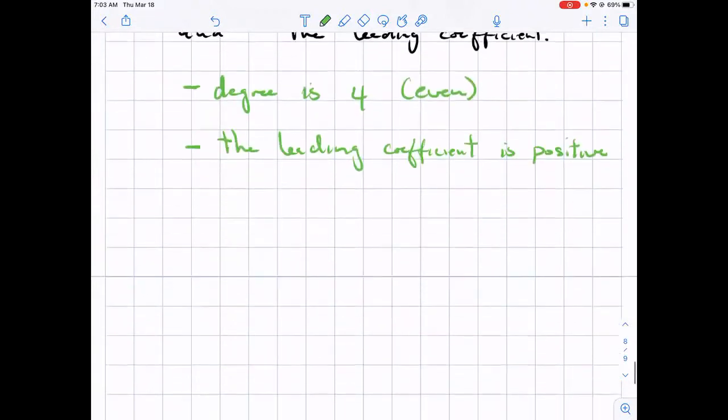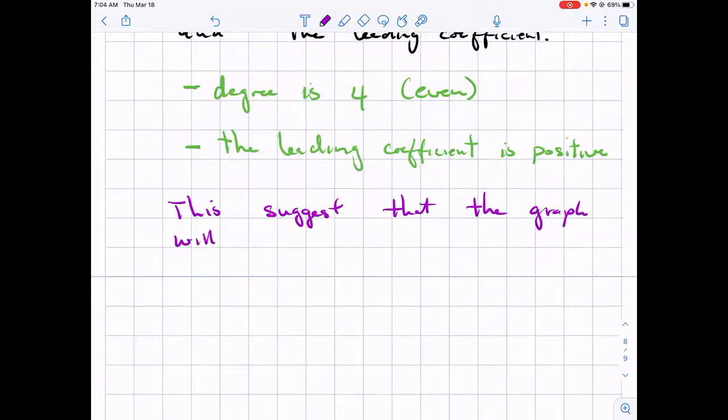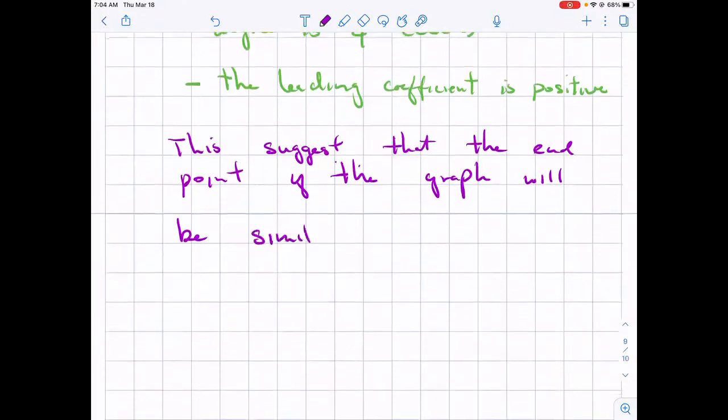So this suggests that the endpoint of the graph will be similar to x squared, or 1x squared if we want to be more detailed.